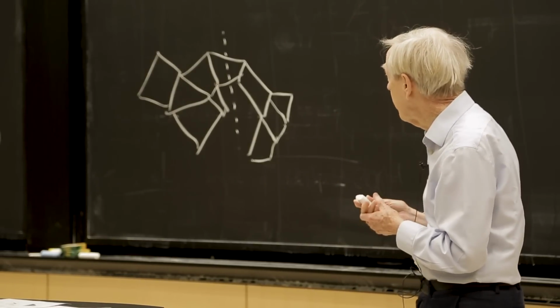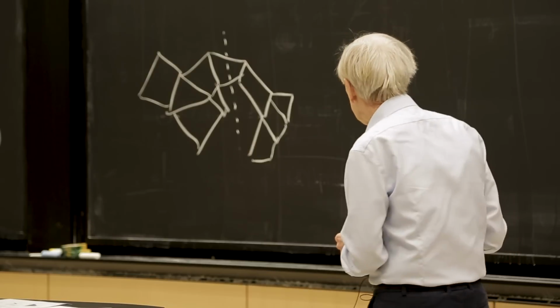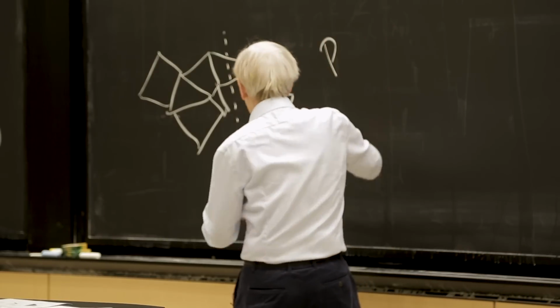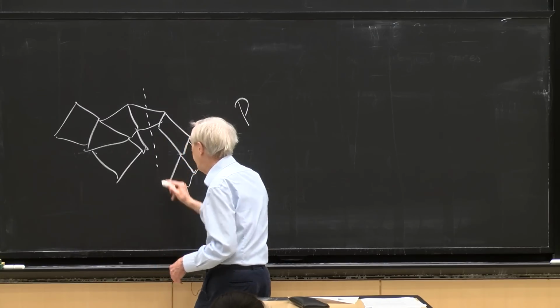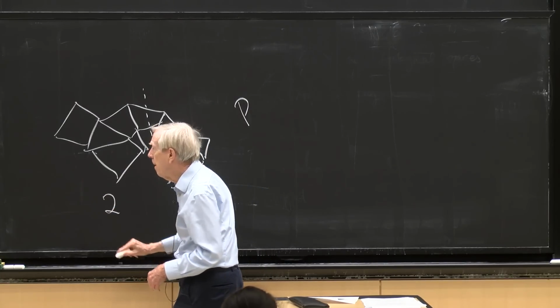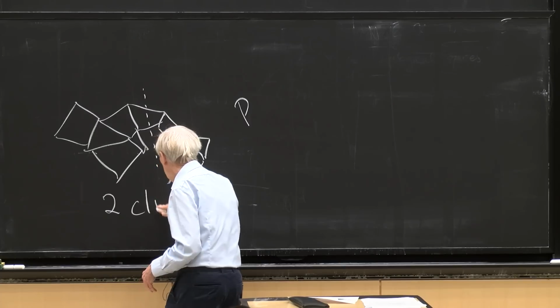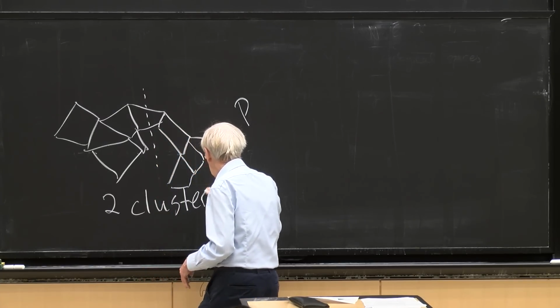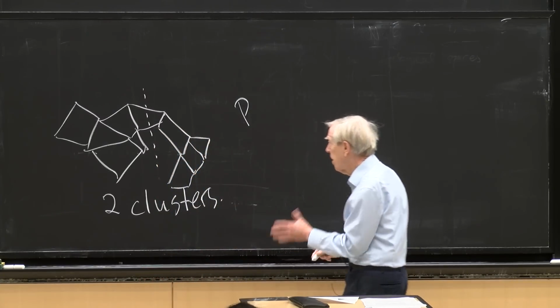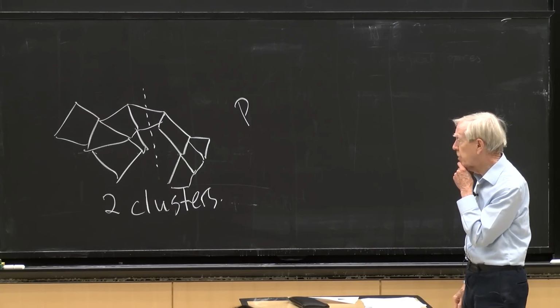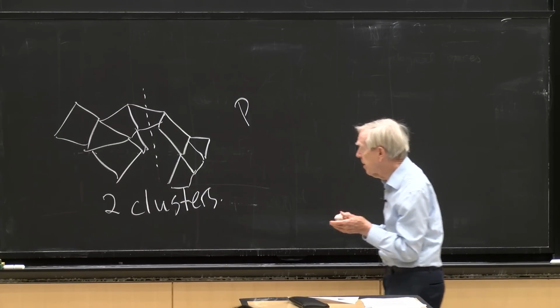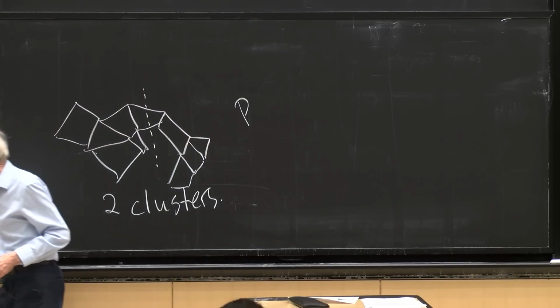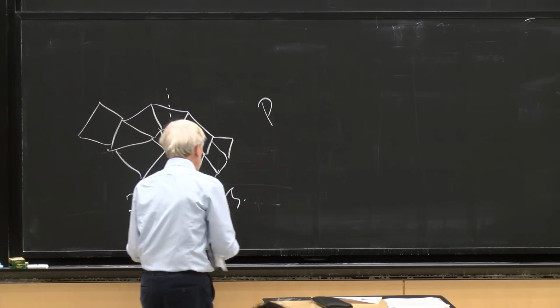What's an algorithm that would find that cut? So that's the problem. Let's say we're looking for two clusters. We could look for more clusters, but let's say we want two. So what are we trying to do? We're trying to minimize.